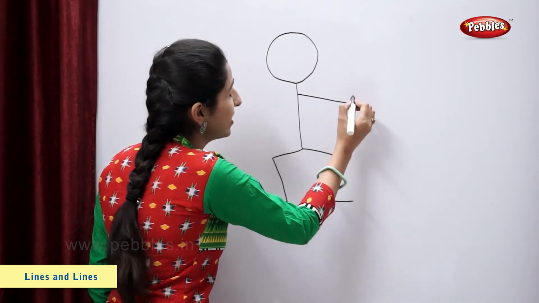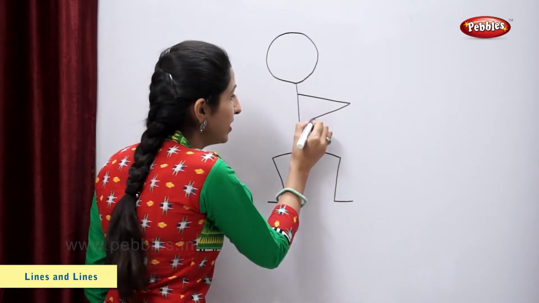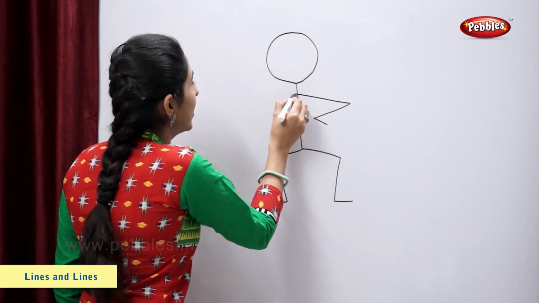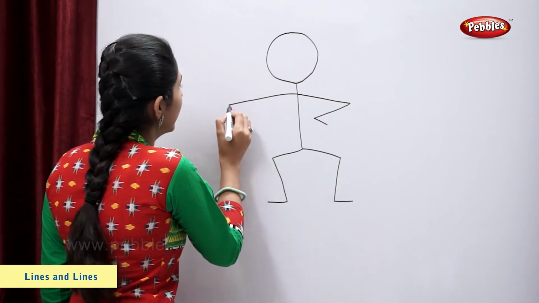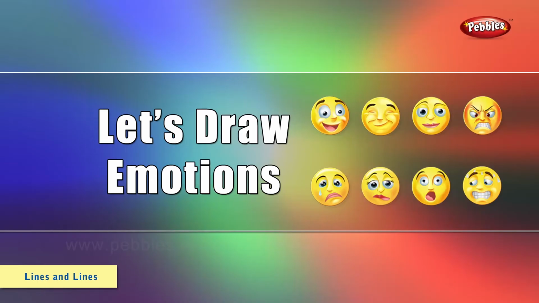A slanting line. Another slanting line. And a small slanting line. A slanting line. Another slanting line. Students, there is some homework for you. You have to draw 5 more dancing figures in your notebook using lines and curves.